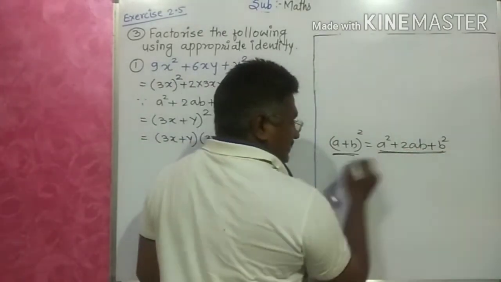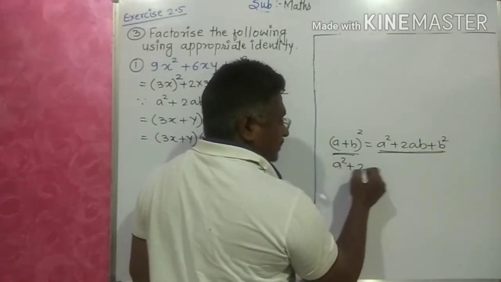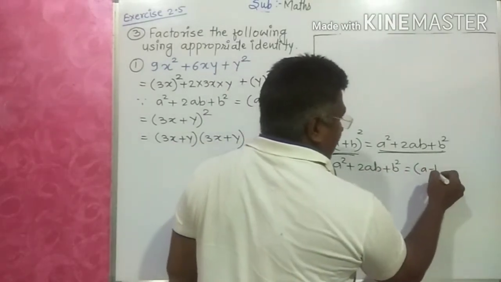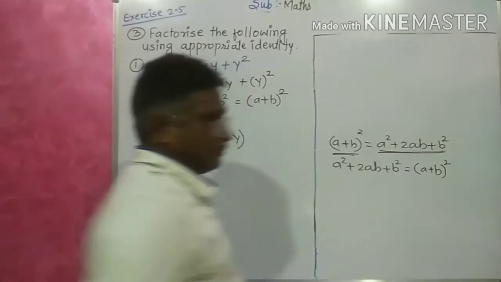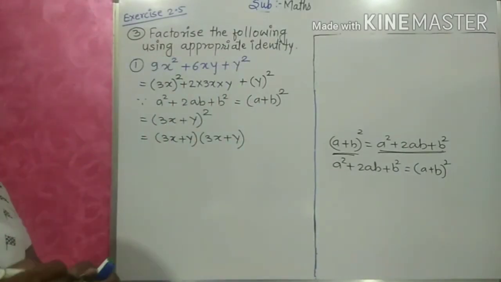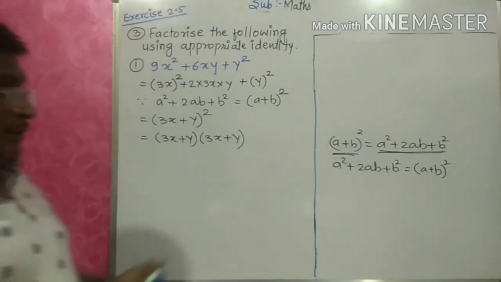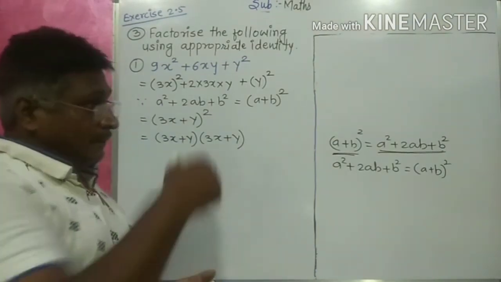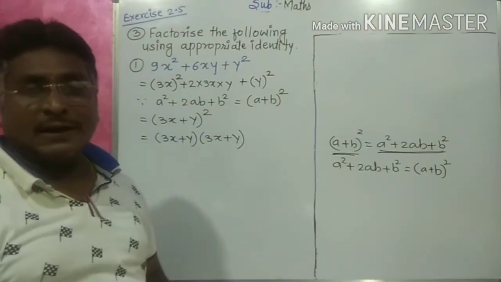Now when a square plus 2ab plus b square is given, we write (a plus b) whole square. So the identity and the reverse of that identity, in both ways the question will be asked.